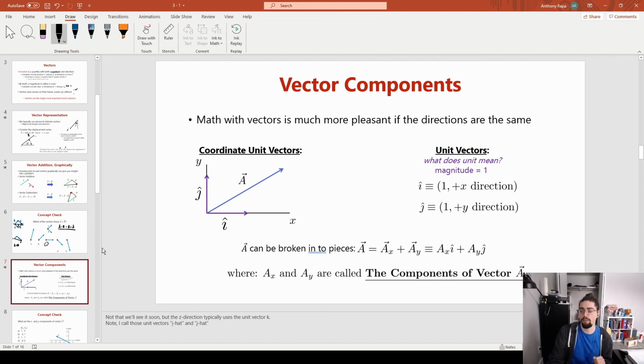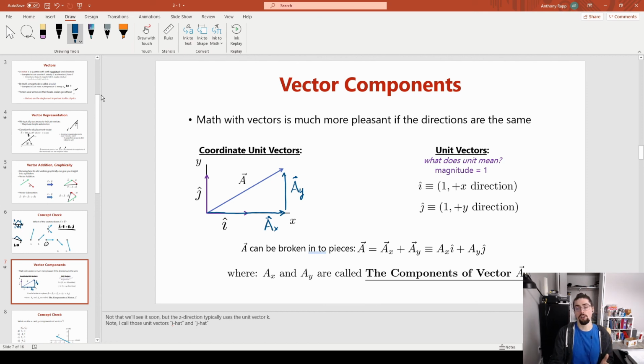But as it turns out, vectors, if they are going in any other direction than just along X or Y, we can split these things up into what we call vector components. That is to say, this vector A that I have right here has essentially a portion of itself in the X direction, call that A of X, and a portion of itself in the Y direction, call that A of Y.